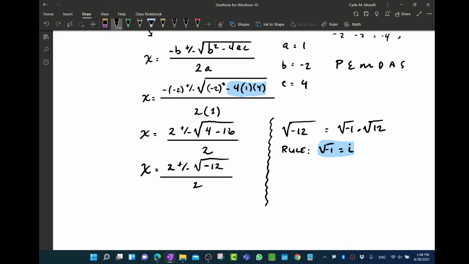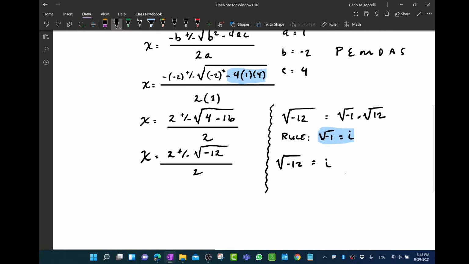So now, let's get back to our problem. The square root of negative 12 is going to be equal to i times the square root of 12. Now the square root of 12 can be simplified. So we need to simplify that radical.